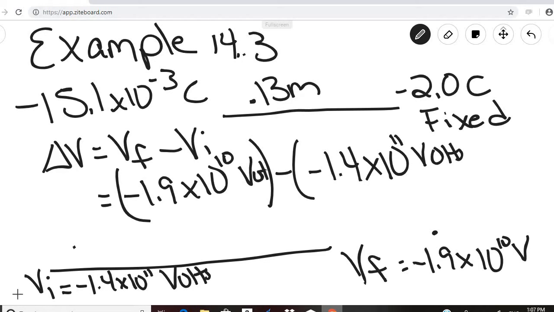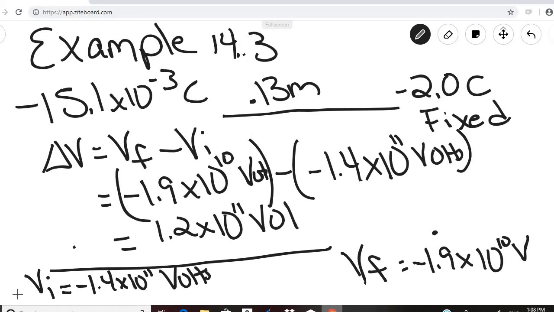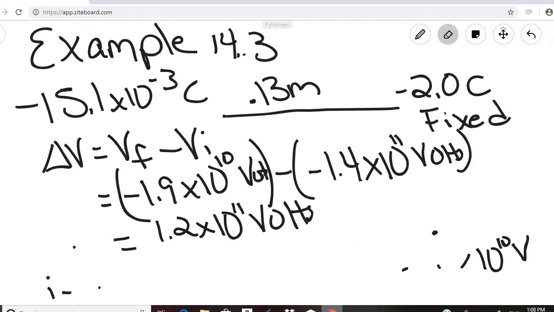Okay, so the negative minus a minus is a plus. So delta V comes out to be 1.2 times 10 to the 11 volts. Okay, so that is delta V.